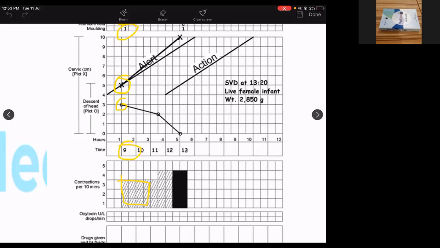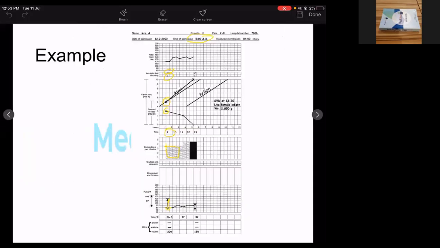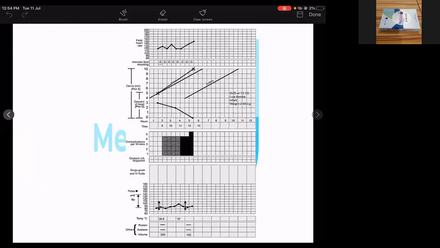So that is 2.8 kg. So this is also a normal partograph. Let's see if we have a complicated one. This one is also a normal graph. And this is the last slide.